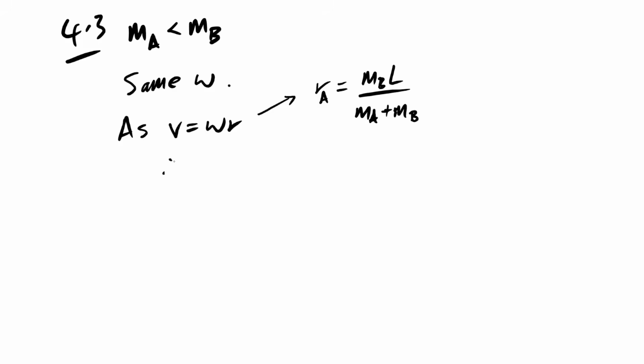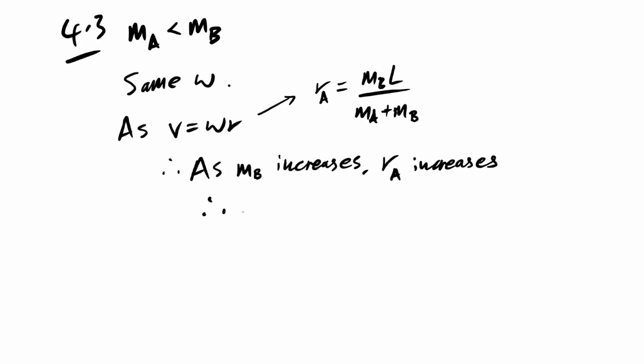Therefore, we can say as MB increases, RA increases. Therefore, as V is proportional to R, VA is going to be greater than VB.